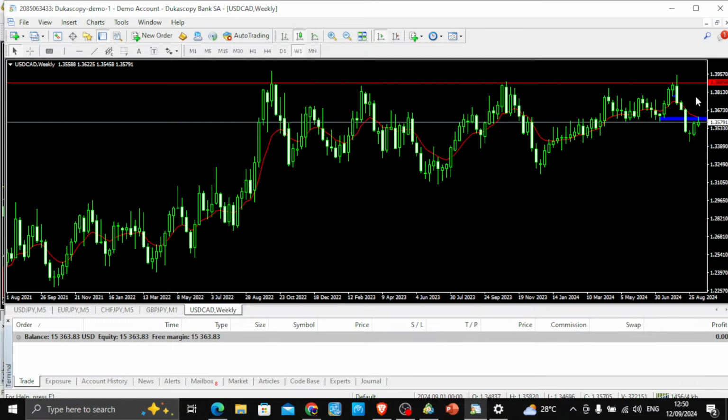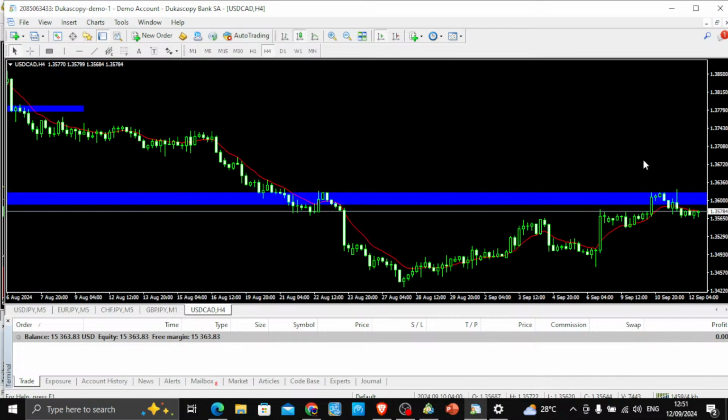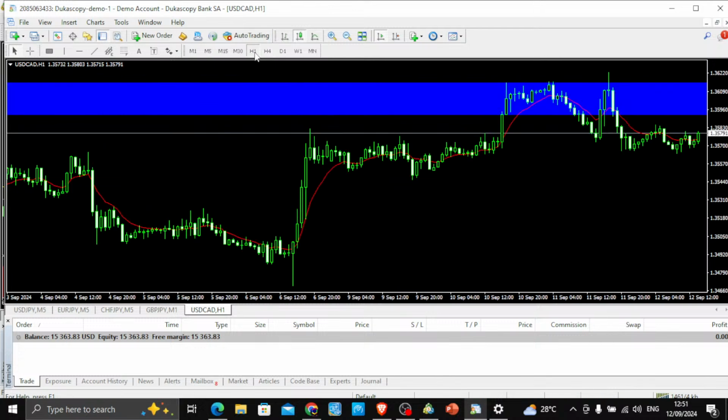But it is trying to move up, but it is finding a barrier here. Look at this formation. This formation is giving a bearish signal. We come back here again. It's moving on. I'm still seeing a bearish signal here. We go to 1 hour.